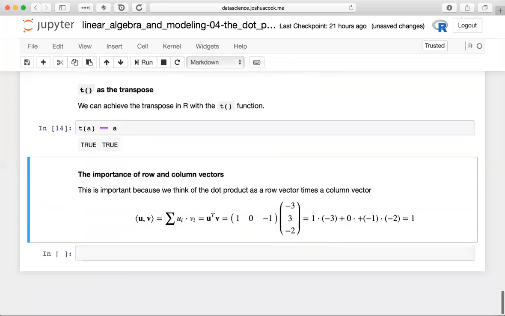One reason I'm showing you this right now in terms of the dot product is because I think this is the easiest way to write a dot product. We often think of the dot product as the multiplication of a row vector, U transpose, times a column vector, V. So this is going to be equal to a row vector, 1, 0, negative 1, times a column vector.